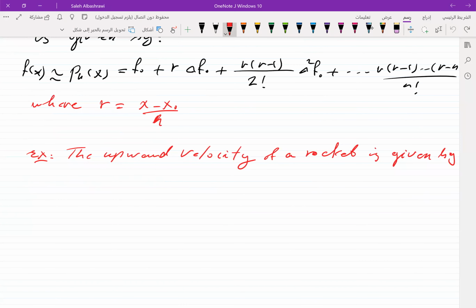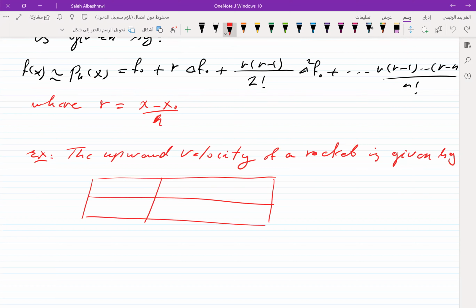We have time in seconds and velocity v given in meters per second.